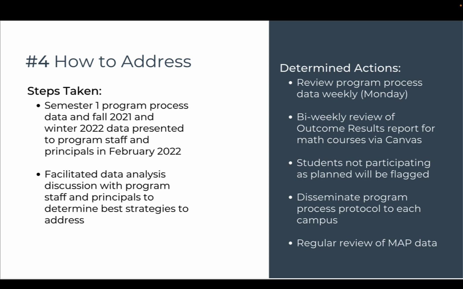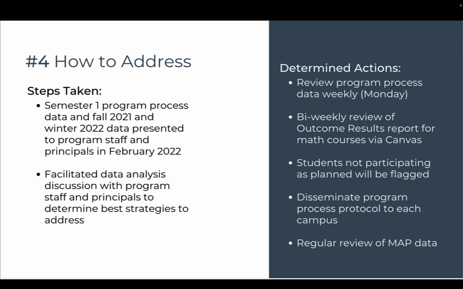The program process data would be reviewed weekly on Monday, reflecting the previous week's data. In addition, students not participating in the program as planned will be flagged in the data system. The team will also review the outcome results report for math courses in Canvas, the district's learning management system, bi-weekly. This will assist in monitoring student mastery of key math concepts and provide more insight on student academic achievement between local assessment periods.